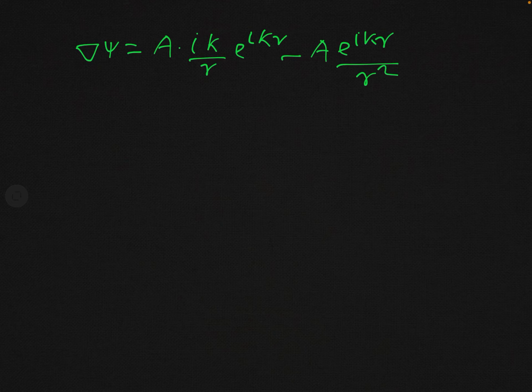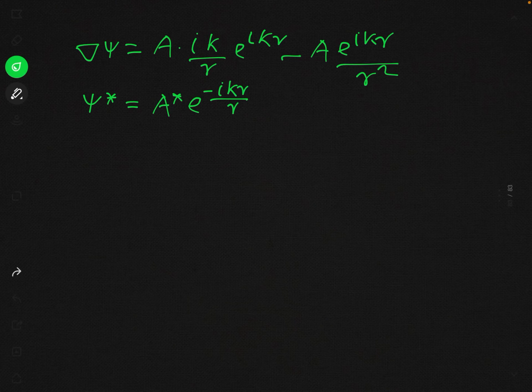This is the differential coefficient of psi with respect to r. And again we know that this psi star will be what? This is simply the complex conjugate of psi, and so this will be A star e to the power minus ikr over r.